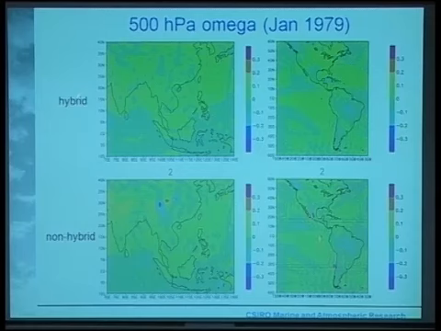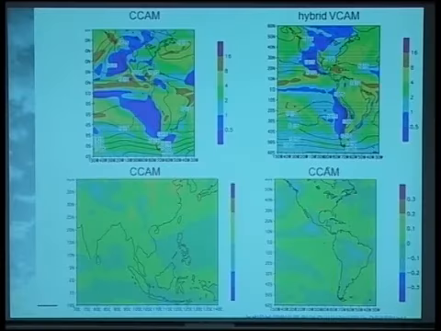Oh, sorry, there's the hybrid ones up here, so it gets rid of those problems. There was a bit of a problem in Asia as well. That didn't occur in CCAM. This is the same CCAM over Asia and over South America, North America, so there was no need for hybrid coordinates here. You weren't getting those effects. And this is just showing the rainfall similar between those two.